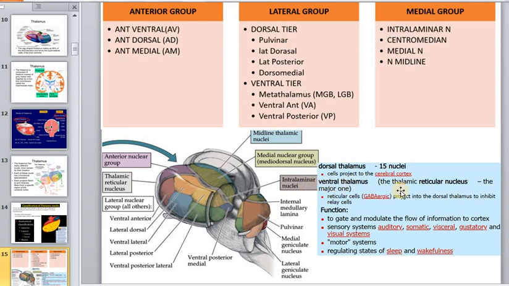It's the ventral thalamus, and reticular cells, especially the inhibitory cells with the inhibitory transmitter, GABAergic neurons and synapses, project into the dorsal thalamus to inhibit relay cells and function to relate and modulate the flow of information to the cortex: sensory systems, auditory, somatic, visceral, and visual, contact with the motor system, and regulating states of sleep and wakefulness.